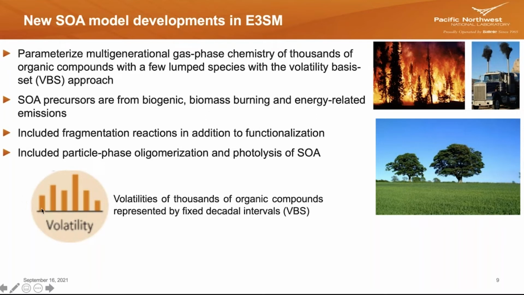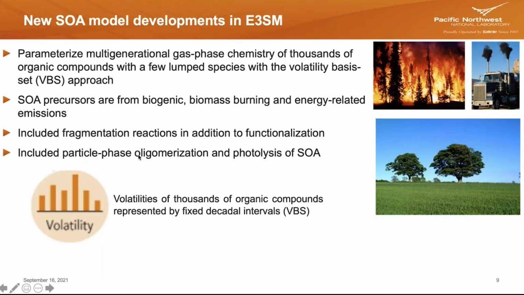It ranges from the most non-volatile species to the most volatile species, but you represent this range by these fixed decadal intervals. We consider the precursors from biogenic emissions, biomass burning emissions, and energy-related emissions. And as I mentioned, we include fragmentation reactions in addition to functionalization.